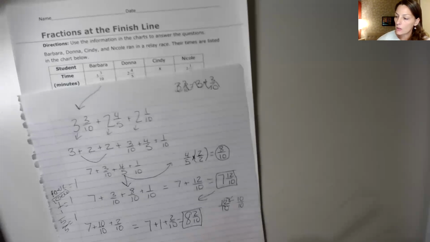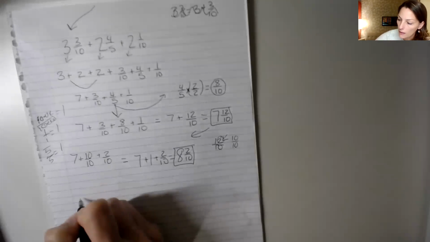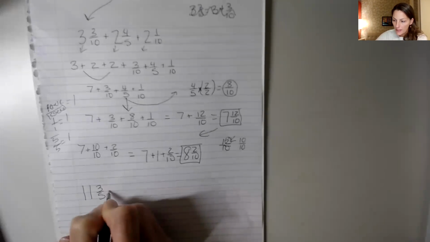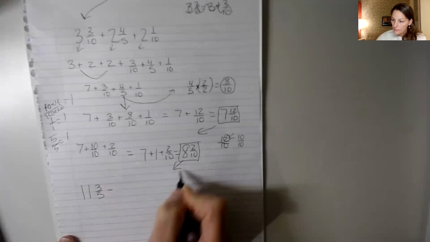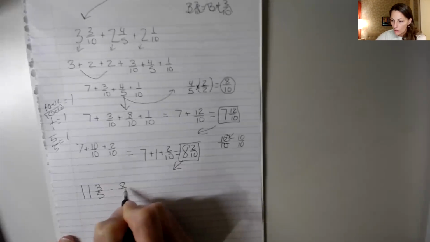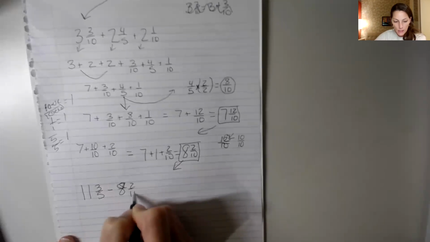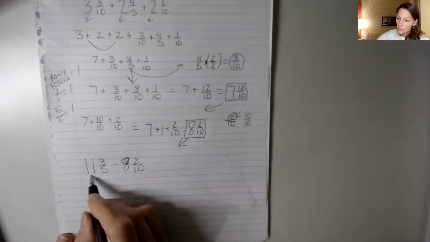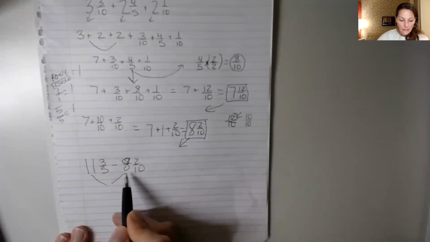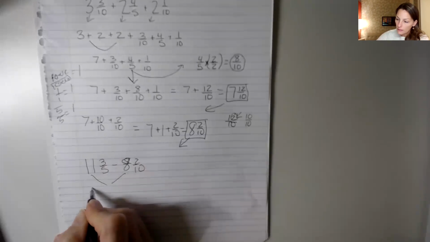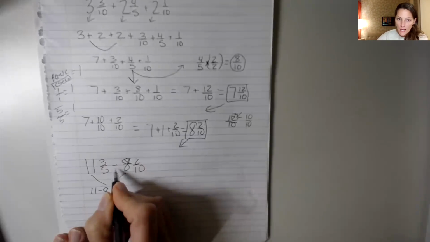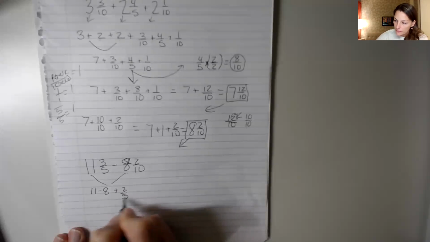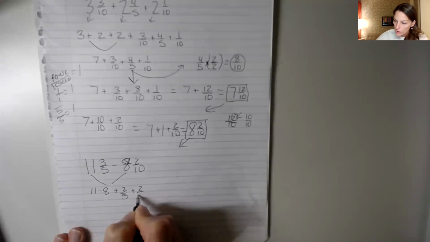All right, so what you're going to do is say, back to my original 11 3/5 minus this 8 and 2 tenths. Just like in addition, we can pull out these whole numbers. So we're going to say 11 minus 8 here, because remember we're subtracting now, but we're plussing the fraction portion, okay?